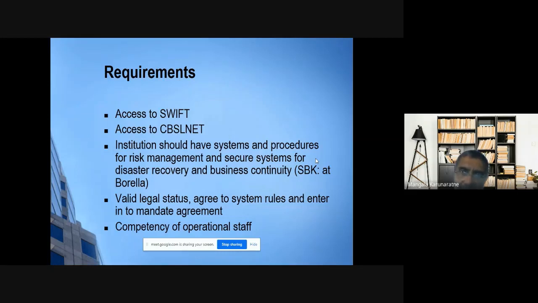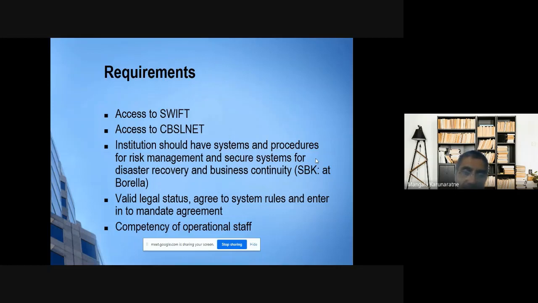So access to SWIFT is now a requirement in this RTGS, as well as in certain other transactions. Mostly the international transactions take place via SWIFT. I mean, the settlement will take place via SWIFT. And access to CBSL net, anyway, the central bank will provide access to their network.